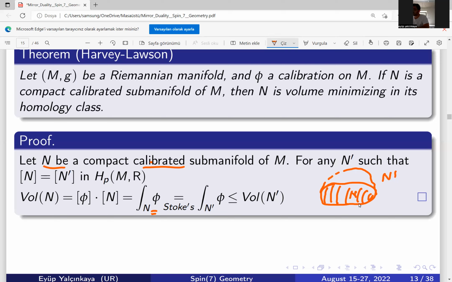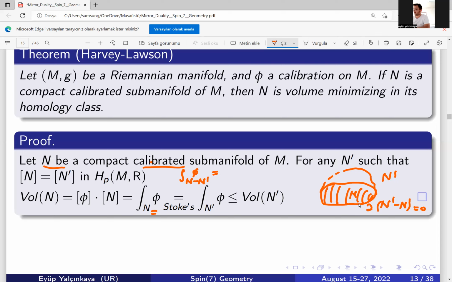Okay, so if you reverse the orientation, N minus M prime, the boundary is 0, right? This is the closed, compact object, and from Stokes theorem, you can write that the integral of phi over N minus M prime, there's no boundary.